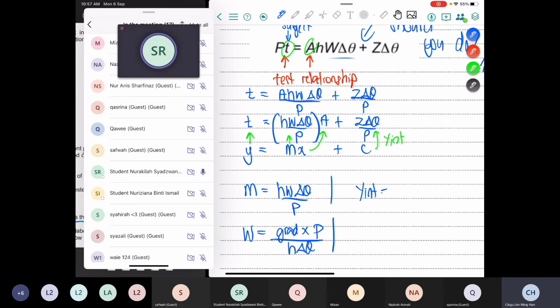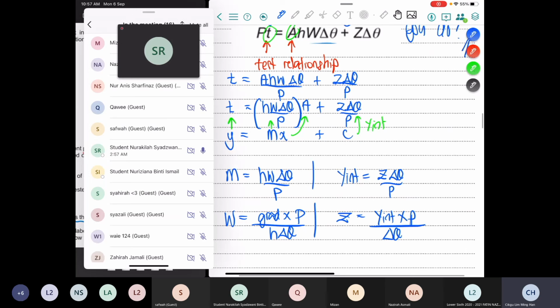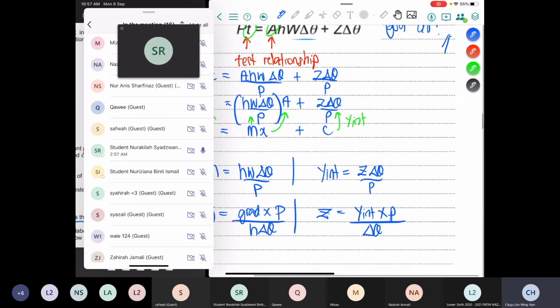What is the equation for y-intercept? Z delta theta over P. Okay. So you make Z the subject, over delta theta. So this one should be doable already.